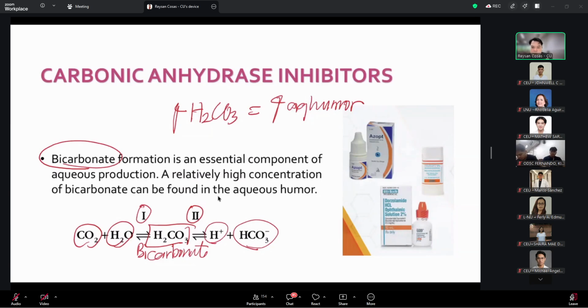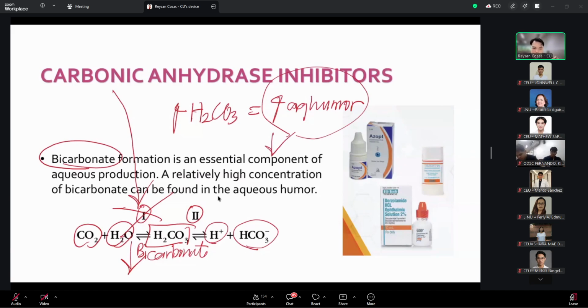So, saan papasok dito yung mga CAIs or carbonic anhydrase inhibitors? The carbonic anhydrase inhibitors can block the reaction 1. So pag binlock mo si reaction 1, carbon dioxide plus water will not be converted to bicarbonate. So, that will effectively lower bicarbonate. Therefore, effectively lowering the aqueous humor production.